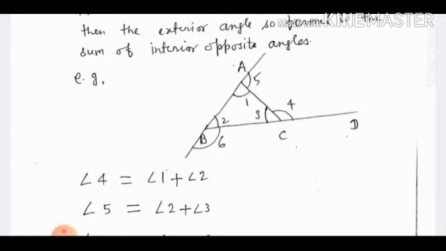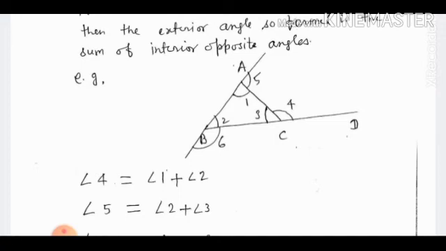For that interior opposite angle will be, firstly this would be interior and secondly opposite. Opposite means we have to leave one angle adjacent to the exterior angle, so we have to leave angle 1. So for angle 5 interior opposite angles will be angle 2 and angle 3.